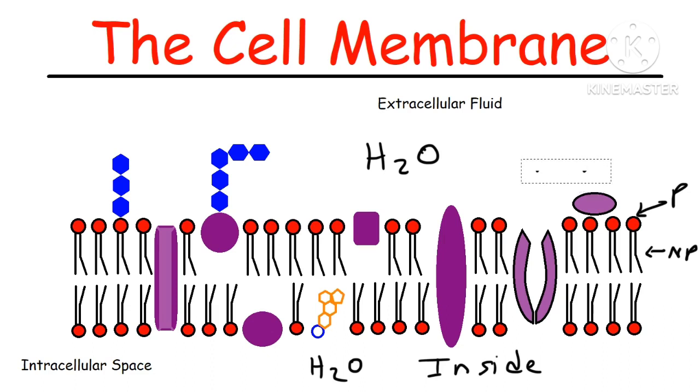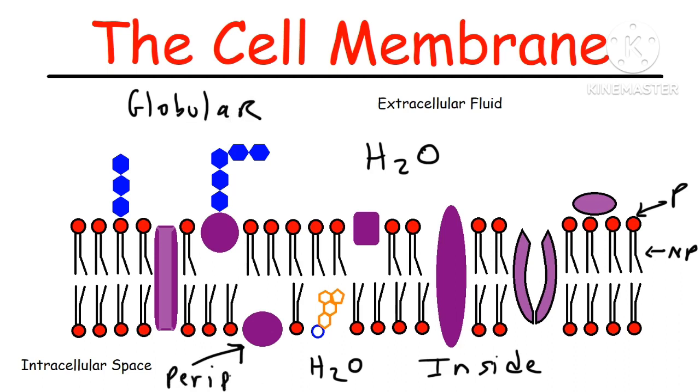Now, the cell membrane consists of a lot of proteins, and there are different types of proteins. They're highlighted in purple. What do you call this protein right here? If you see a circular protein, it's known as a globular protein. And the fact that it's on the exterior, it's also called a peripheral protein.